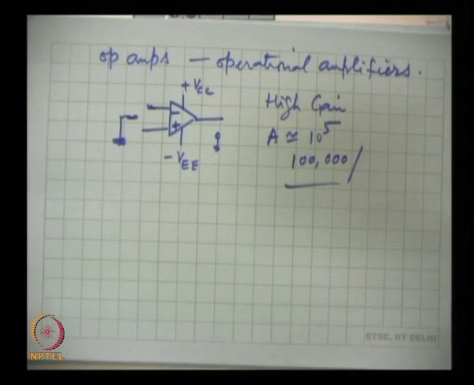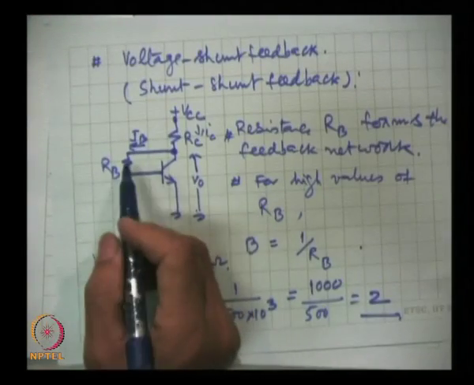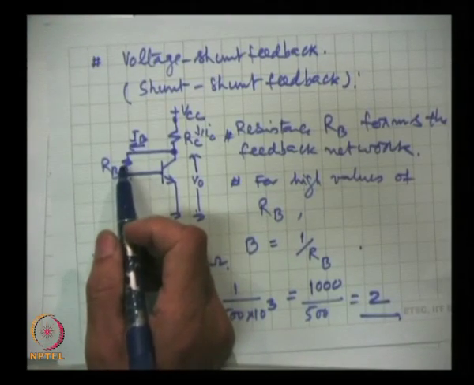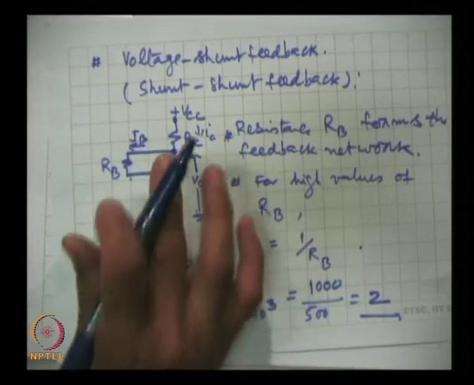Now, one beauty, why this is so popular, is different, but why we are taking examples from here is that in the two circuits which we discussed, either this or this, the feedback network was part of the main circuit.